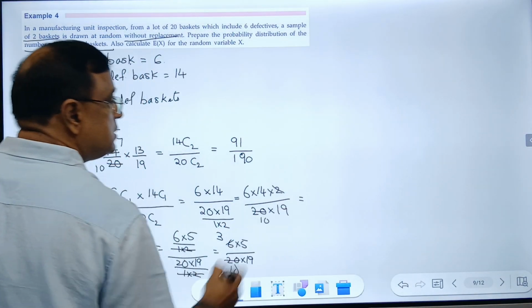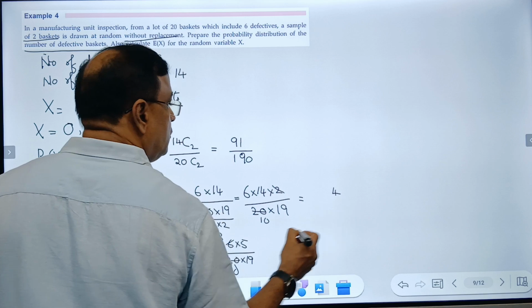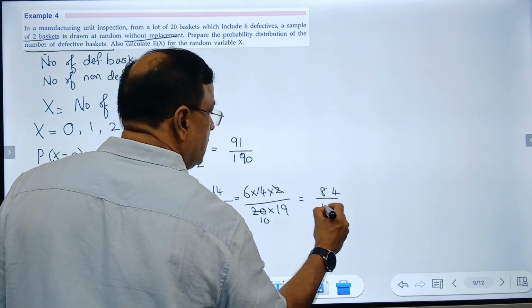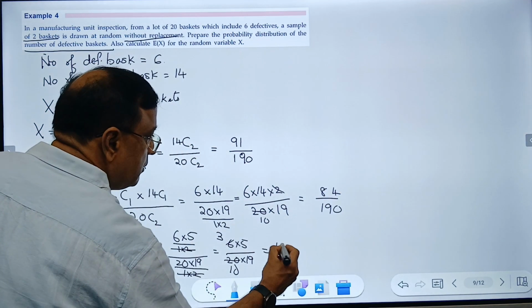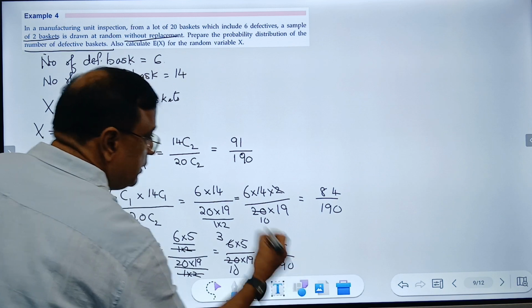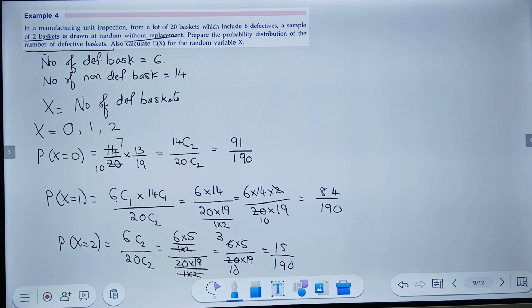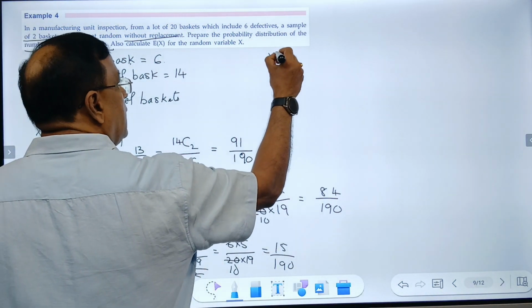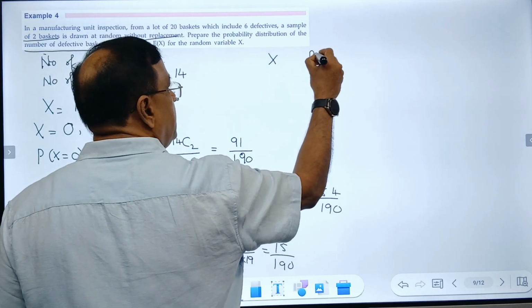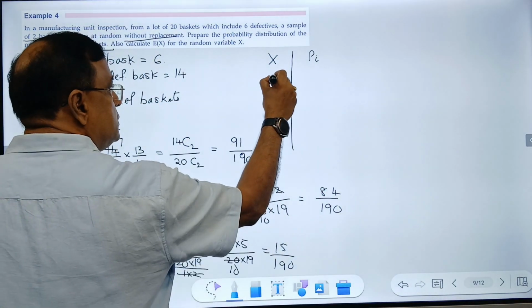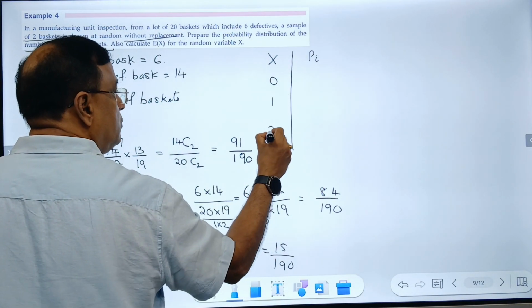And what about this? 6 4s are 24, so 84 by 190. And this is 15 by 190. Okay, so now what do I do? I draw the table. I have Xi and I have Pi: 0, 1 and 2.